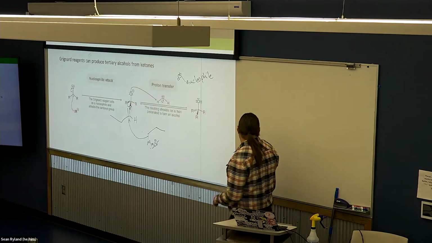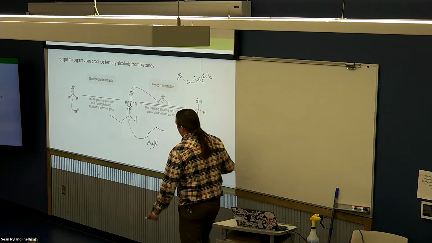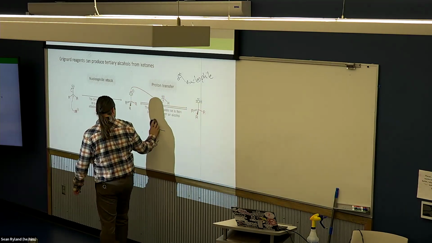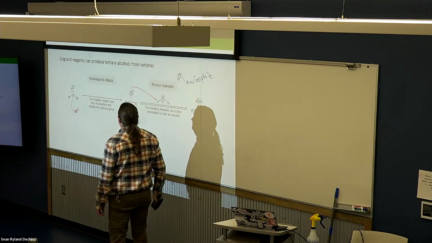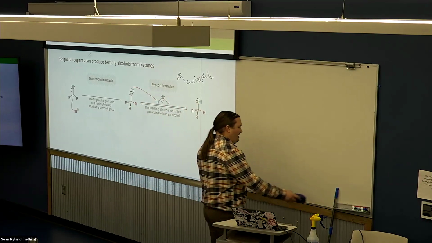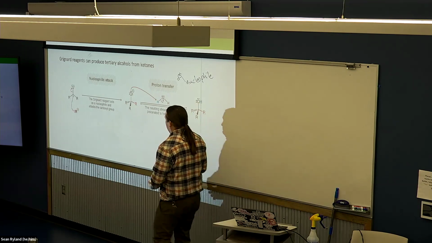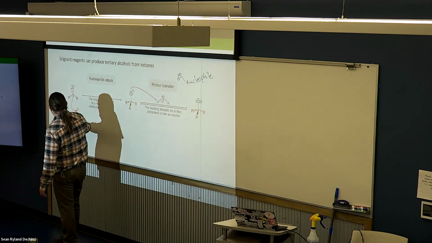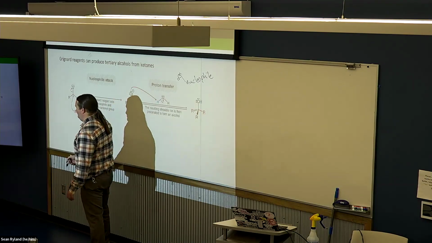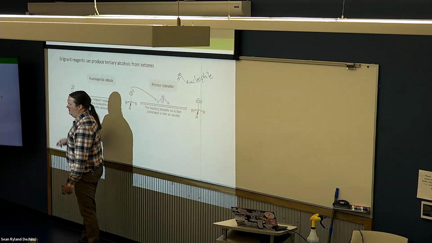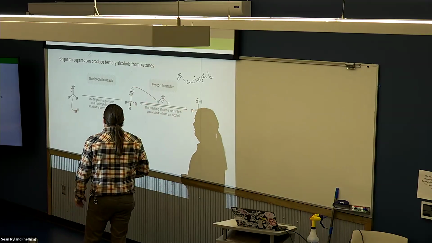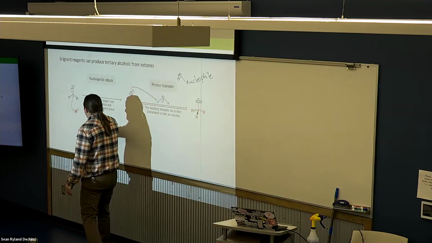Right, so once we make a Grignard reagent, we just add it to a carbonyl. So if we add it to a ketone, our R group attaches here. Rather than drawing magnesium and bromine, a lot of times we just draw the carbon with a negative charge. It's going to attack here.